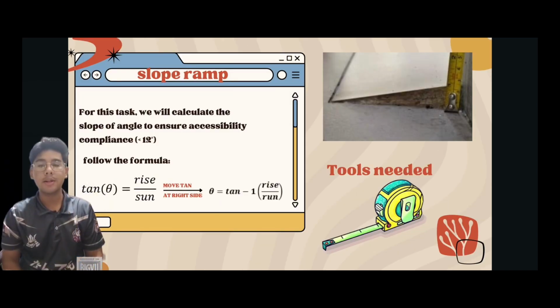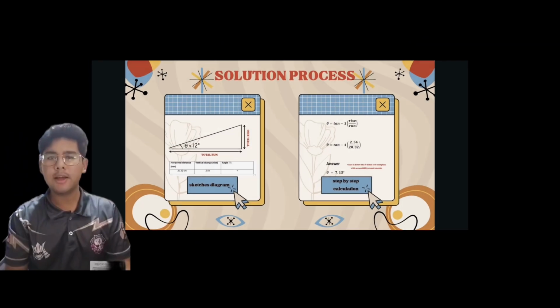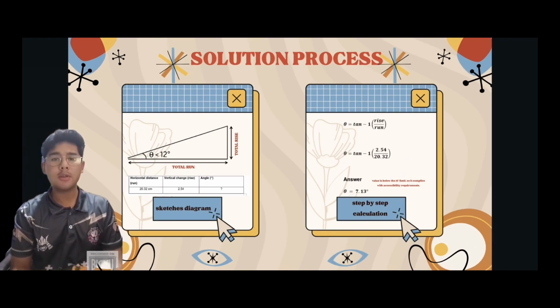Thus, we will calculate the slope angle to ensure accessibility compliance below 12 degrees. The formula we use is tan theta equals rise divided by run. For this task, we only use a measuring tape to get the rise and run for the ramp. In the right triangle diagram, the rise is 2.54 cm and the run is 20.32 cm.